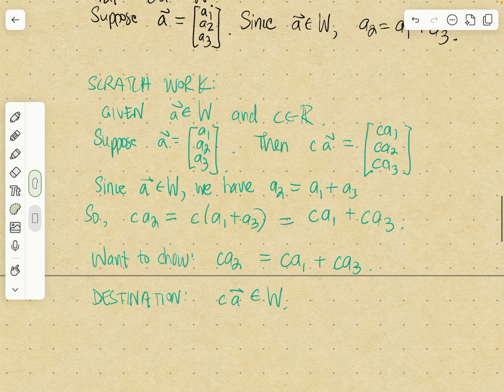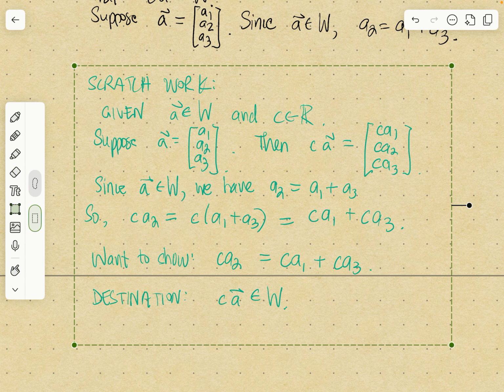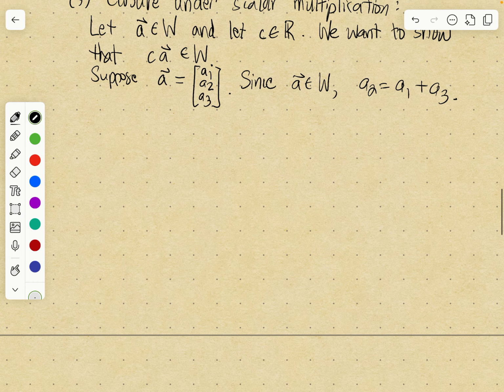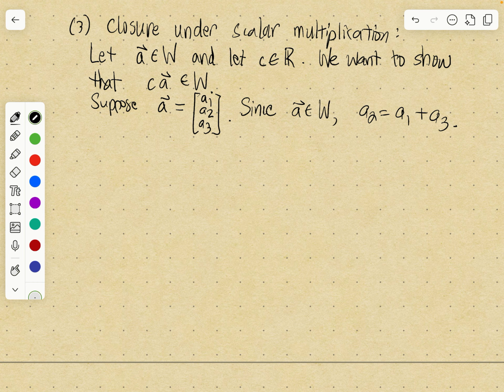So now we're ready to write our proof. Let's move this down. The proof is going to go, so suppose that A is A1, A2, A3. Since A is in W, A2 equals A1 plus A3. So C times A2 is equal to C times parentheses A1 plus A3, which when you distribute is CA1 plus CA3.